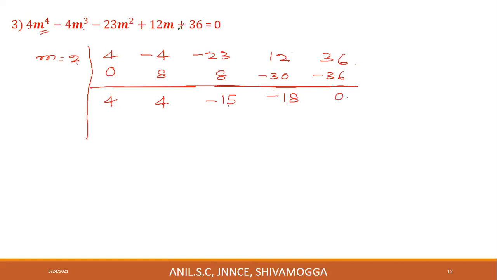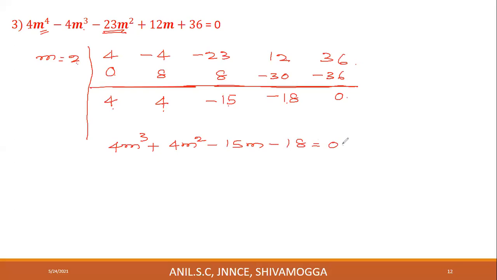Therefore, the biquadratic equation is reduced to a cubic equation, that is 4m cube plus 4m square minus 15m minus 18 is equal to 0.